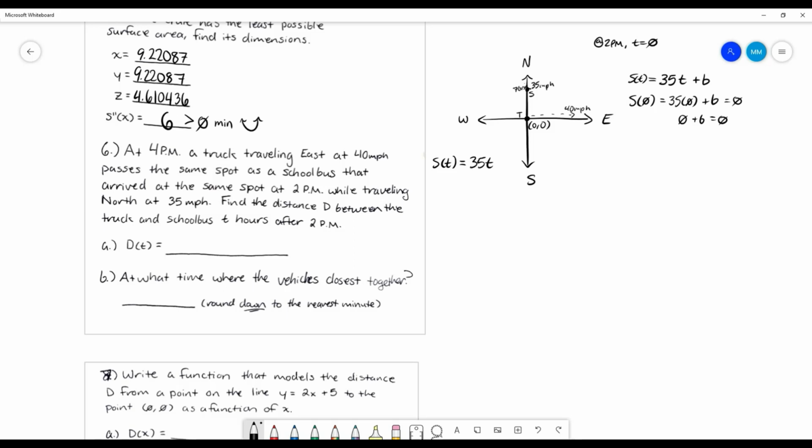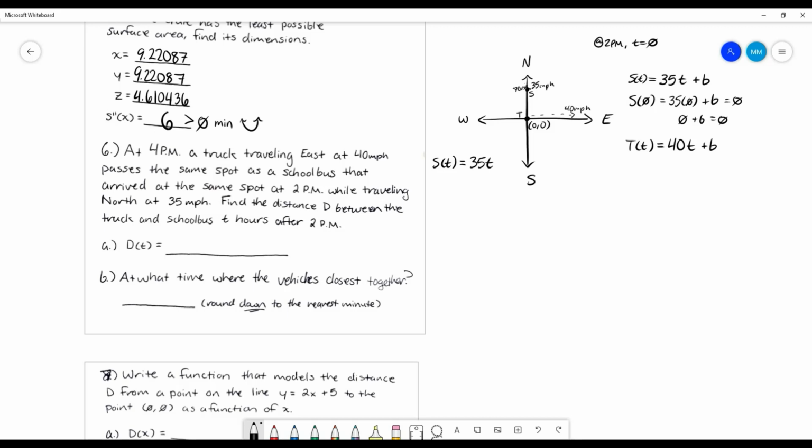Okay? Our truck is going to be a little different. So again, it's that speed. The truck was going 40 miles per hour, so 40 times the hours plus b.